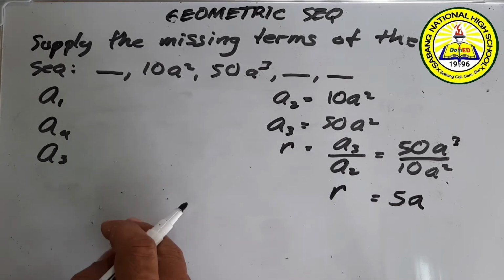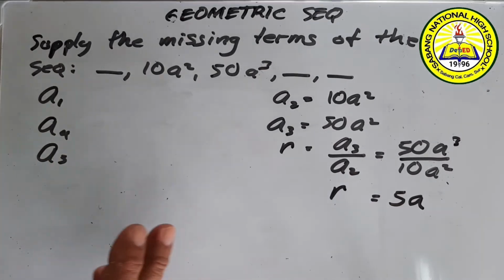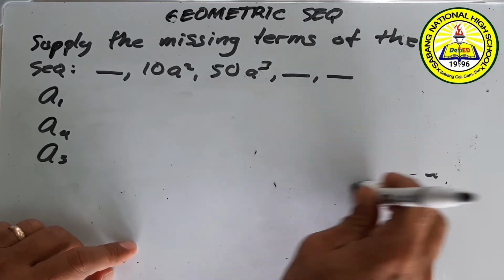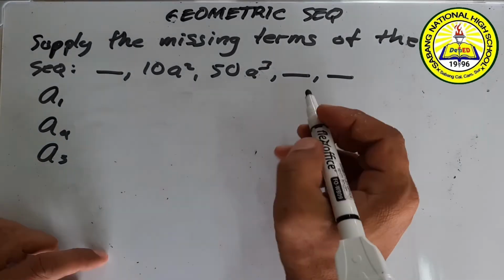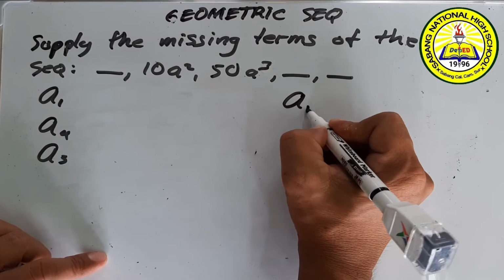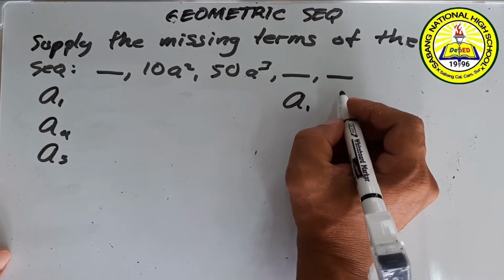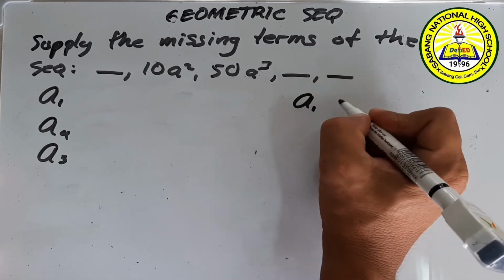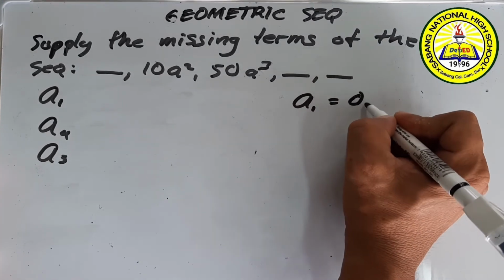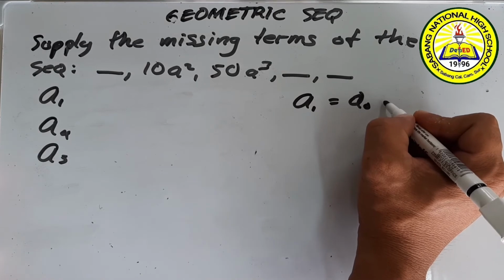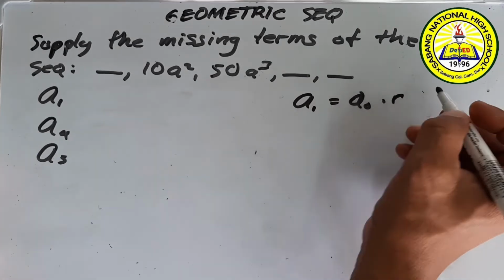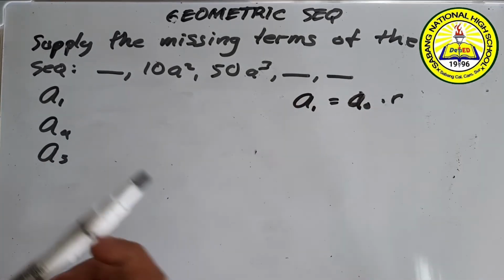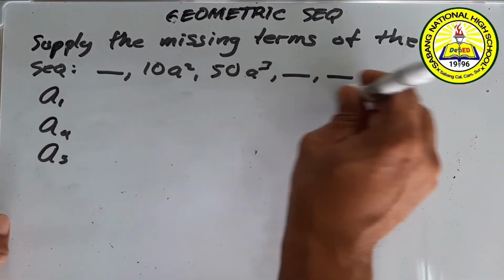Let us now find a sub 1. There is no such formula as a sub 1 is equal to a sub 0 times the common ratio, because there is no such thing as a sub 0. So how are we going to find a sub 1 if that is the problem?